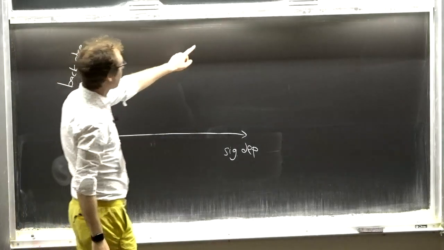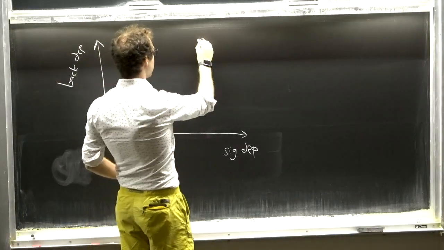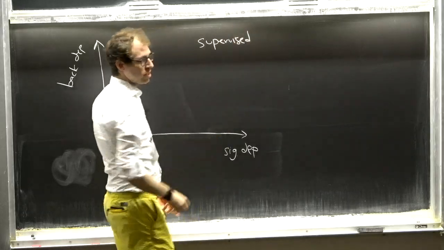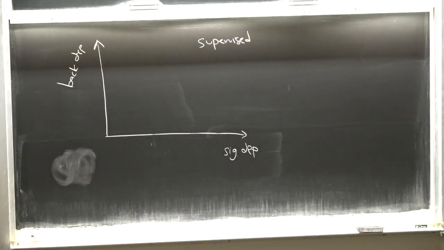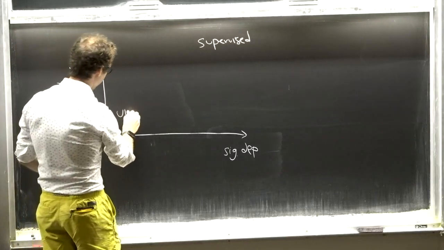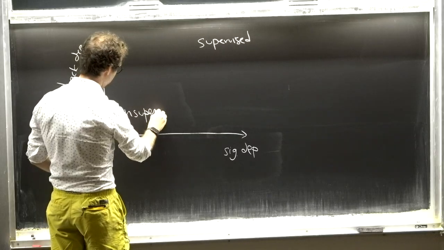Up here in the top corner, this would be what the machine learning people would call supervised. Supervised in the sense that I'm going to train a machine learning model where for every example, I know what is signal and what is background. If I simulate a signal and I simulate the background and train a classifier to distinguish them, I can tell the classifier every event, signal versus background. So that's up there. Down here, what I'm thinking about is unsupervised.